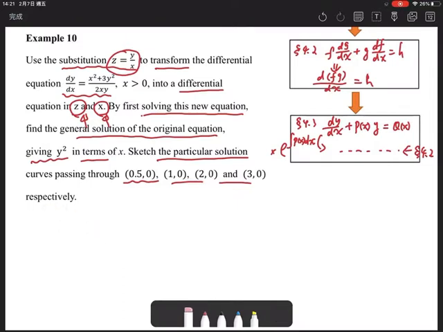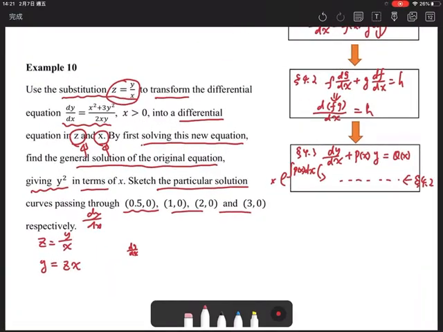Using the given condition, z equals y over x, in order to replace dy by dx we have to write the subject as y equals z times x.